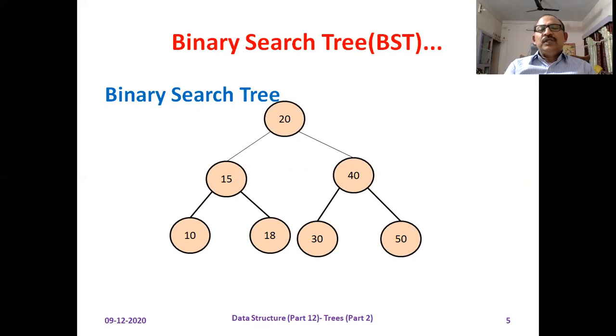In the same way, you can see the left child of 40 has less value and the right child of 40 has a greater value. Therefore, we can say that this is an example of a binary search tree.